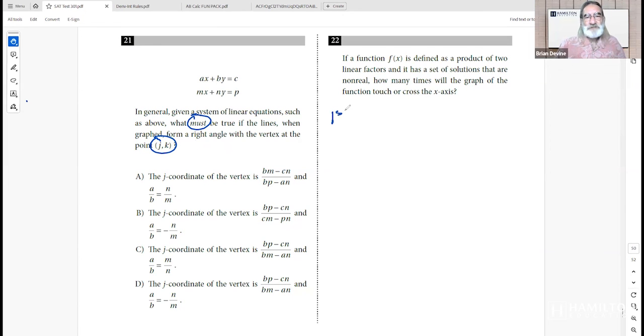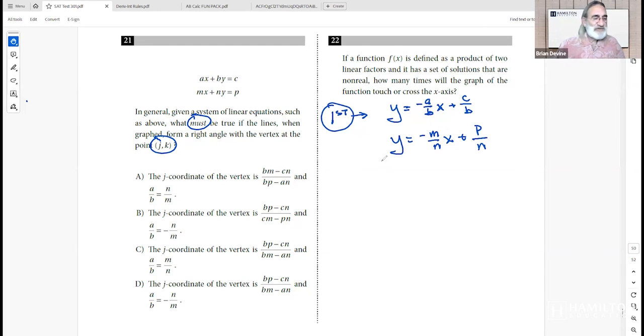Well, first, I can rewrite these lines and see their slope. The first one would come out to be y equals negative a over b times x plus c over b. And the second line would be y equals negative m over n times x plus p over n.